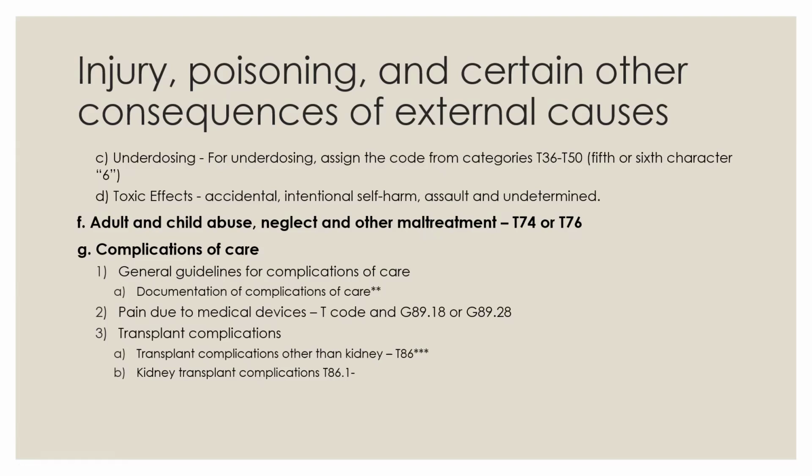Adult and child abuse, neglect, and other maltreatment. Sequence first the appropriate code from categories T74 for adult and child abuse, neglect, and other maltreatment confirmed, or T76 adult and child abuse, neglect, and other maltreatment suspected, followed by any accompanying mental health or injury code or codes.